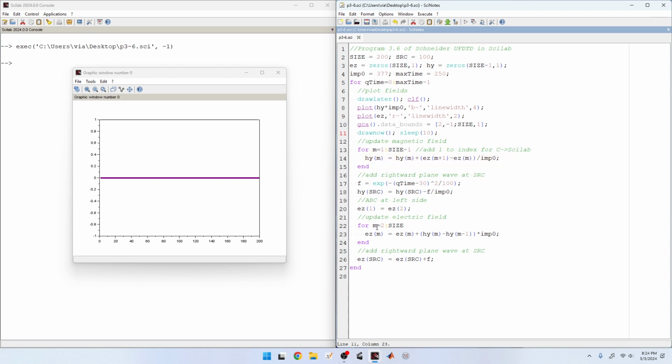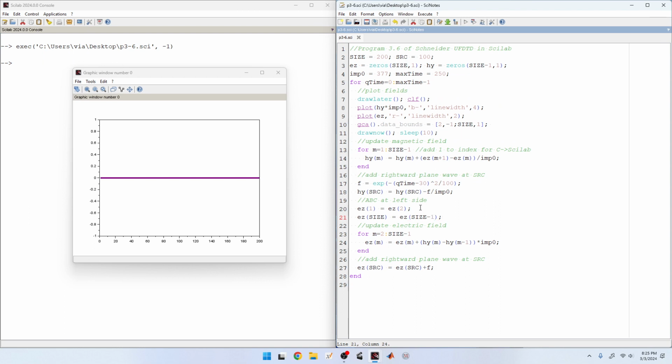Now when we come down here and we do this update in Ez, notice Hy[m], when m is equal to size, there's no longer an Hy[size]. So we're going to have to do one fewer of these. So we do one fewer step on the left and on the right now. And now we add in here Ez[size] is Ez[size-1].